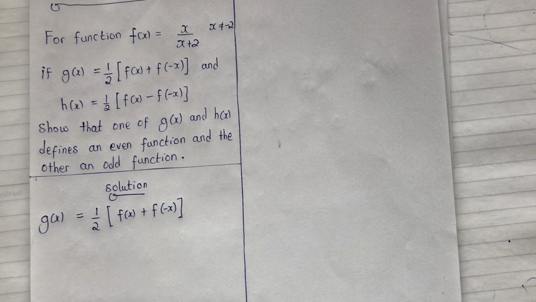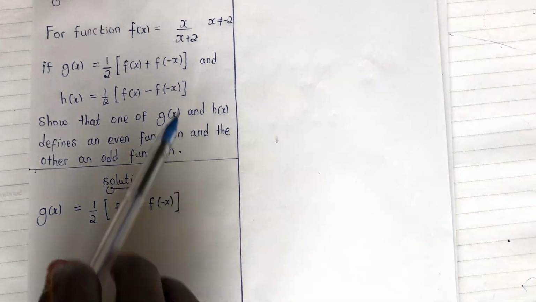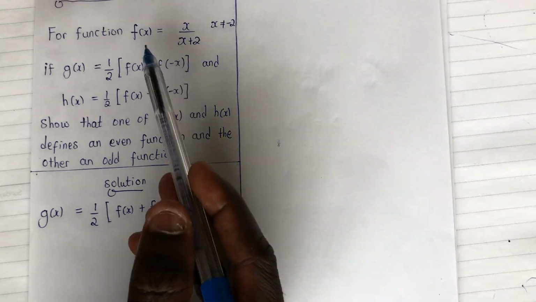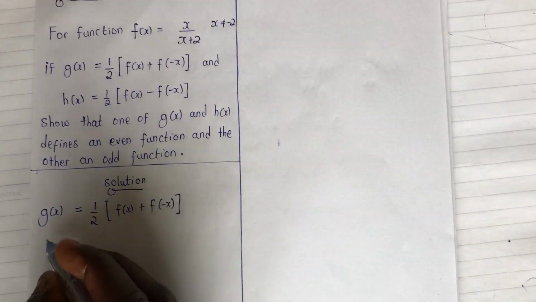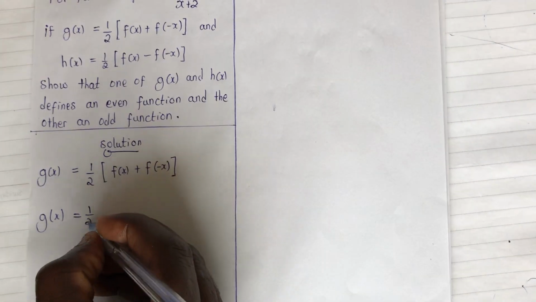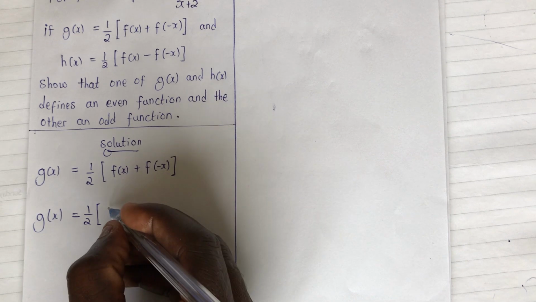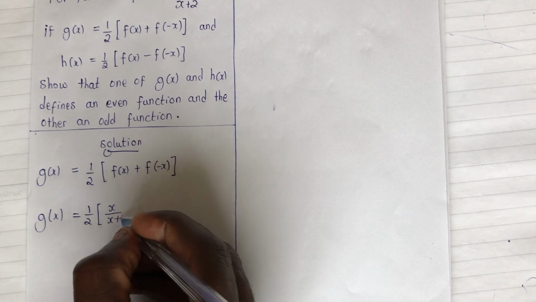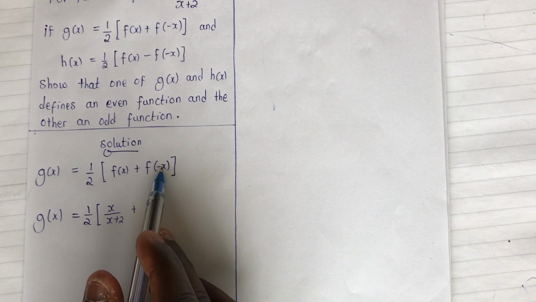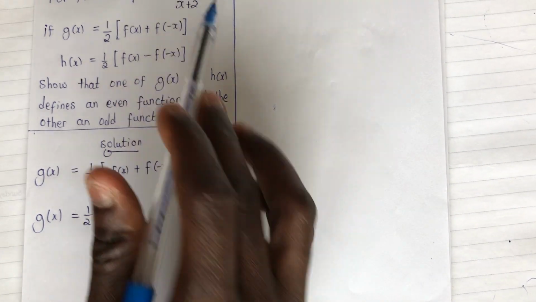Then we know f of x to be x over x plus 2. So wherever I see f of x, I'll substitute x over x plus 2. So g of x is going to give us 1 over 2 into bracket x over x plus 2 plus, then we negate the x. So this means wherever you see x, you negate it.